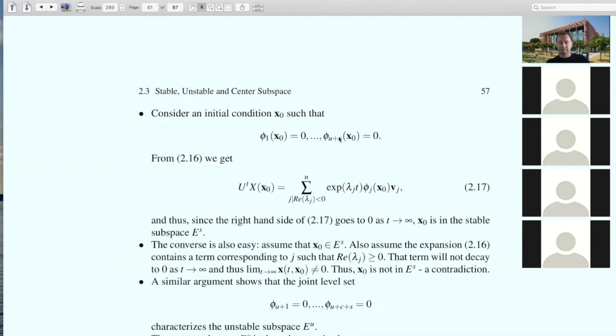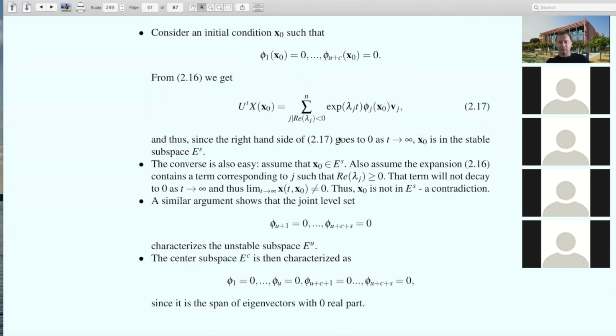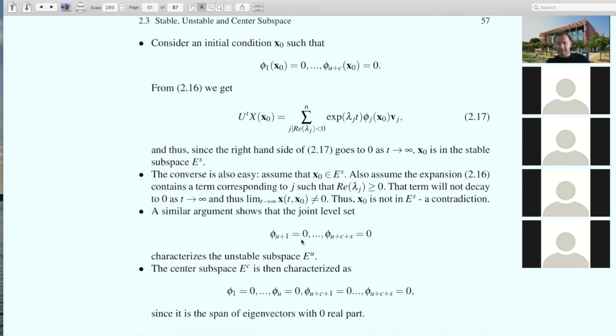eigenvalues. All right, so now it's intuitive that if you pick the stable eigenfunctions and center eigenfunctions and set them to zero, then such x0 that would satisfy all of these conditions would characterize the unstable subspace.